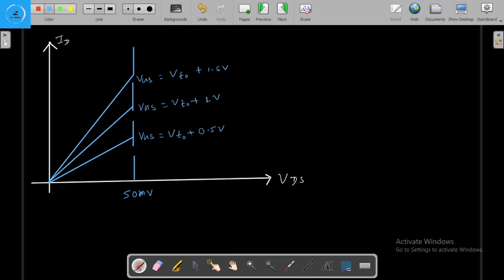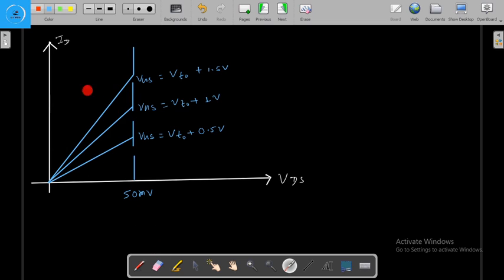So as we have seen, at a constant VGS, when the VGS is equal to VT plus 0.5, as we increase the drain to source voltage, the drain current is increasing. Now see again, at a constant VDS, equal to 50 millivolt, as we increase the VGS, the ID current increases.